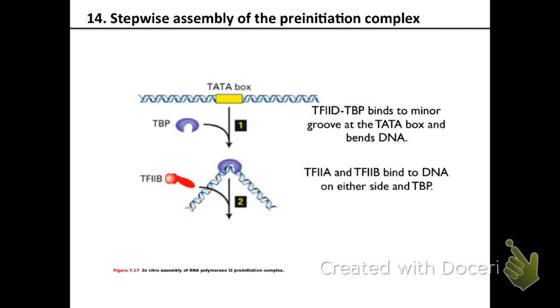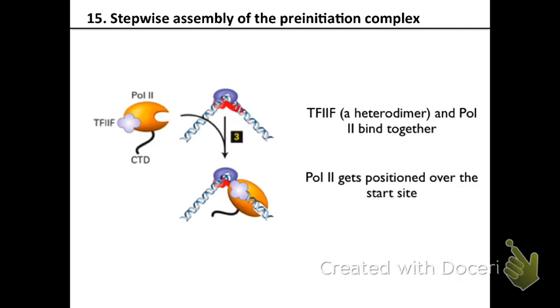Once that structure is formed, there are other proteins called TFIIA and TFIIB. They recognize the TATA binding protein that is bound to the DNA, and that molecular conformation helps them get recruited and attach.